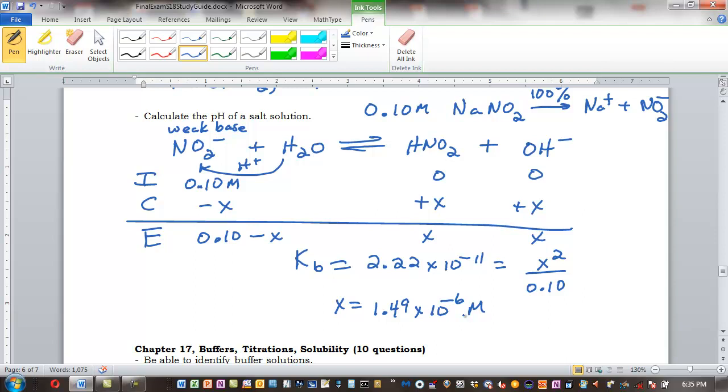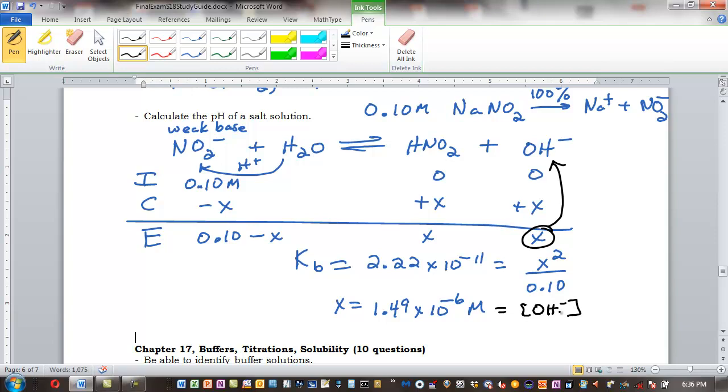And what does that equal to? That is hydroxide. So again, nitrite is a weak base. It produces hydroxide. And this is why it's important that you get the correct reaction. Bases produce hydroxide. So this is our hydroxide concentration. So what should we do first?